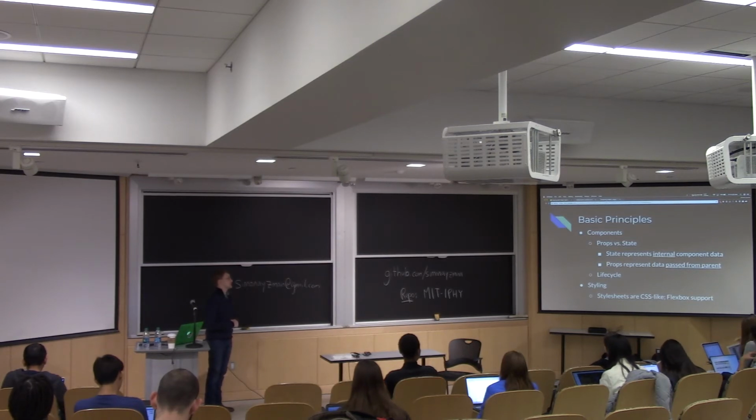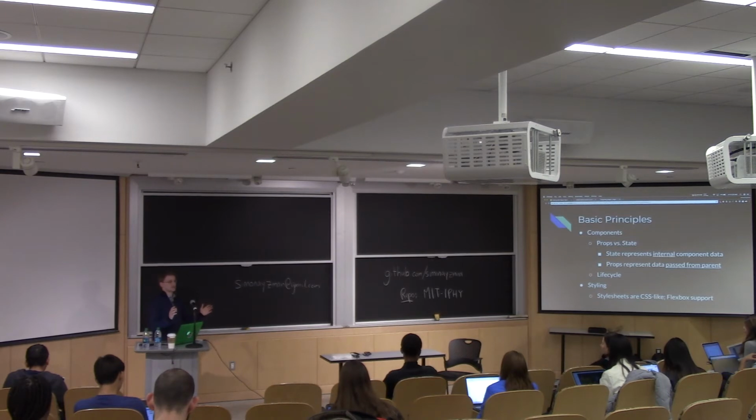And lastly, we need to understand that the way you style components in React Native is very CSS-like, and the flexible layout support that you might need is provided through Flexbox. I'm not going to go into that today. Flexbox is a whole topic on its own, but it'll give you a good starter if you ever need to understand why some of the code looks the way it does.